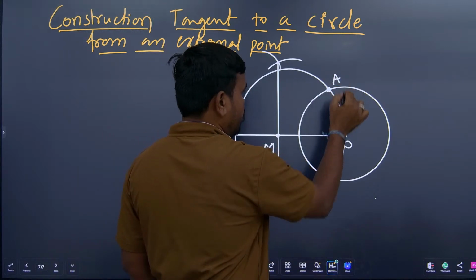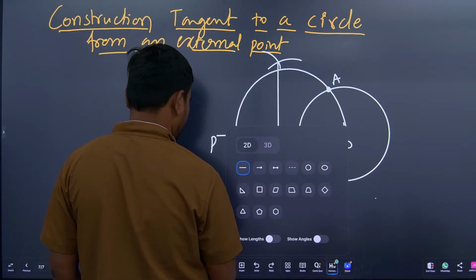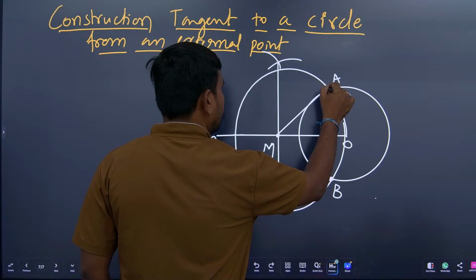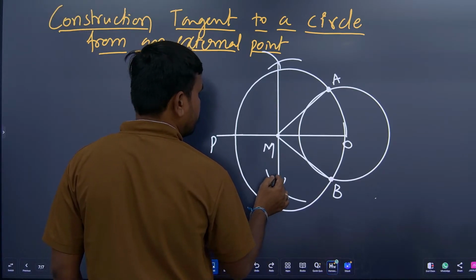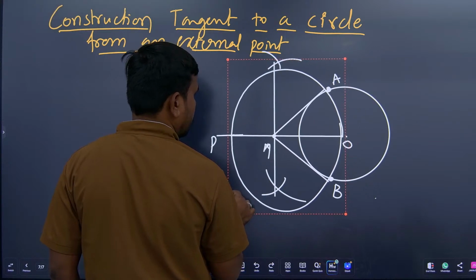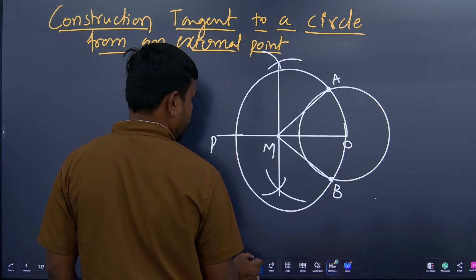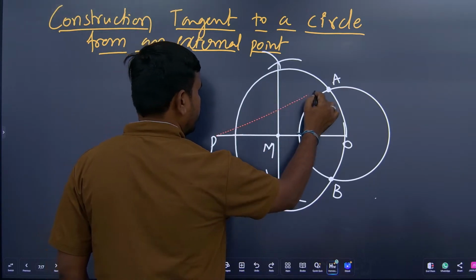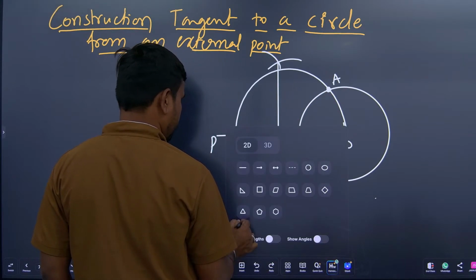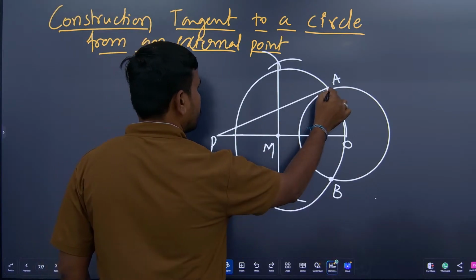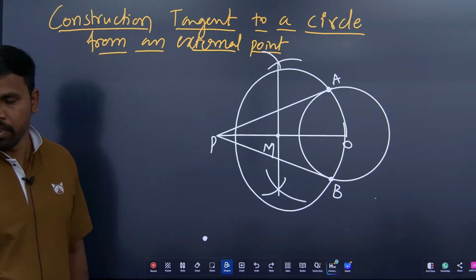Let the points be A and B. Now join P to A and P to B. PA and PB.